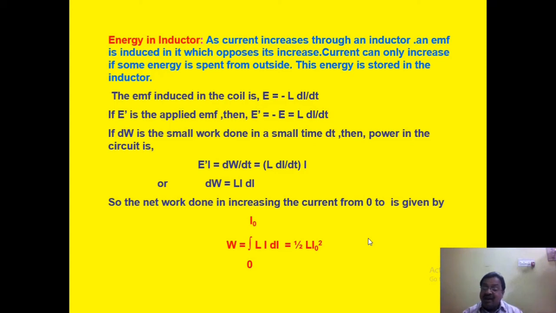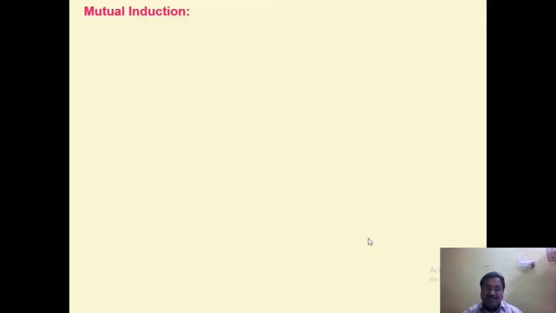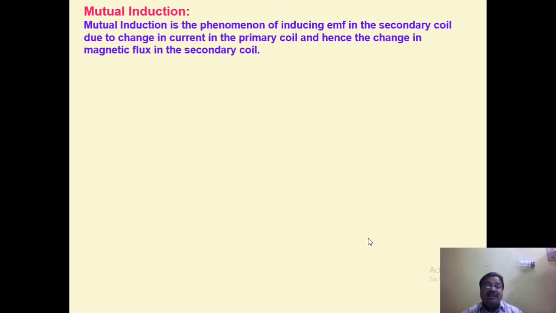Okay. Now, this is the case for one coil or one circuit. Another phenomenon is associated with two coils: current will change in one circuit and EMF will be induced in the other. The phenomenon due to which changing current in one coil will induce an EMF in the second coil is called mutual induction.